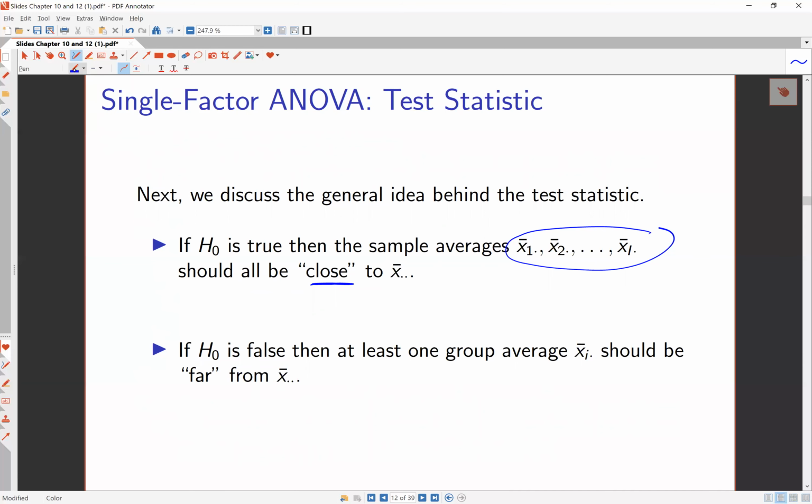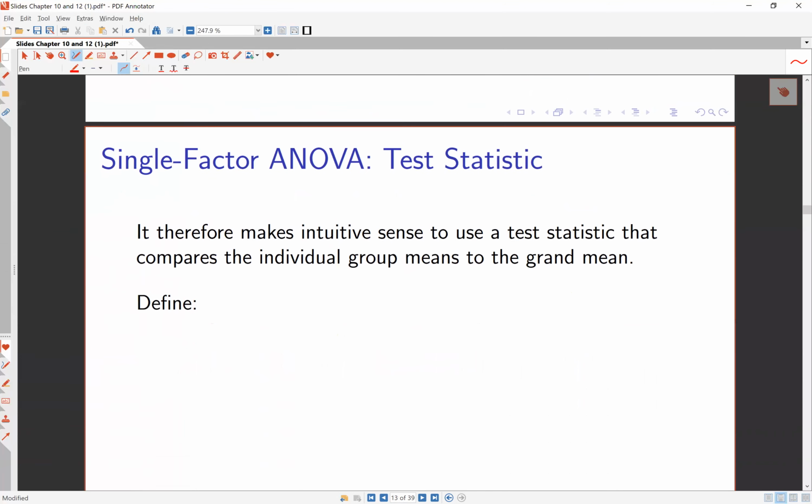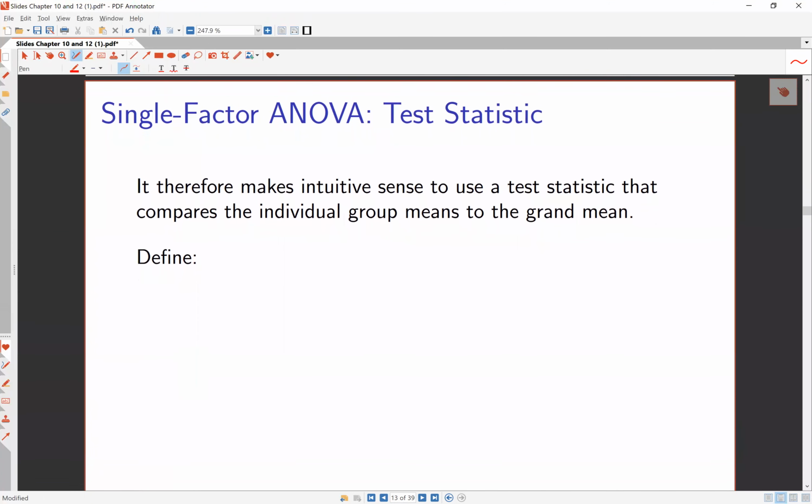Where on the other hand, if the null hypothesis is false, that means we should be able to find at least one group average that's in some sense going to be far away from the overall average. So we're looking at whether averages are close to the overall average or whether there's some evidence that something is far away from the overall average. And so the test statistic is therefore based on these differences.